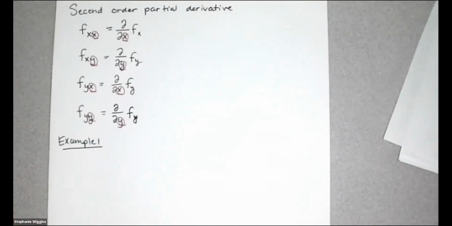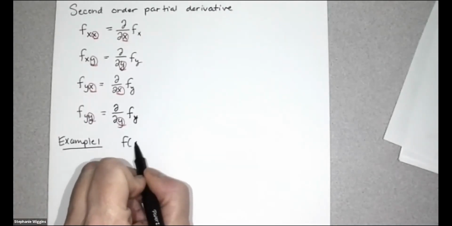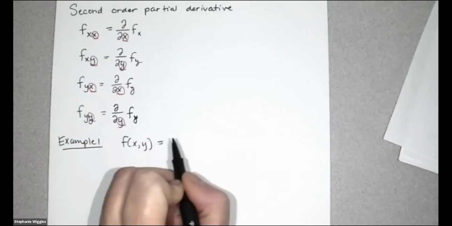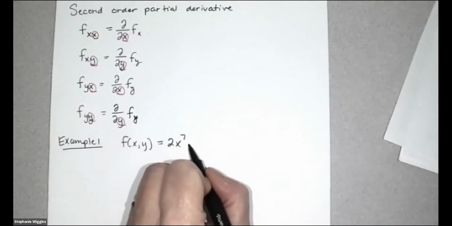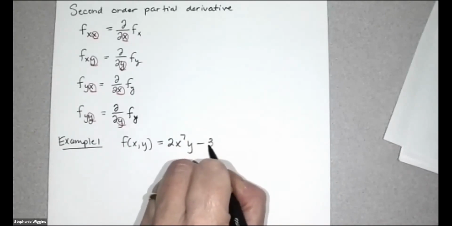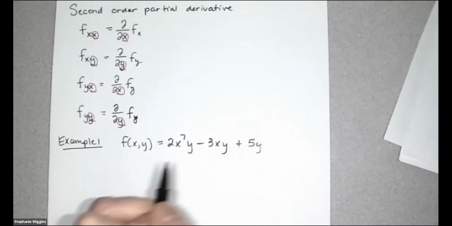Let's suppose our function is the polynomial 2x to the 7y minus 3xy plus 5y.